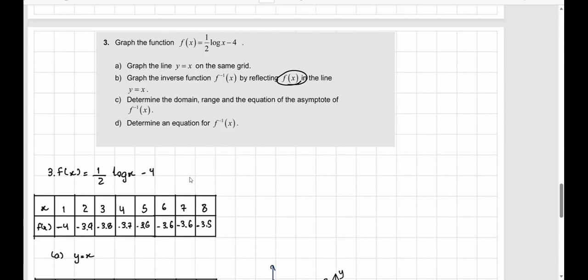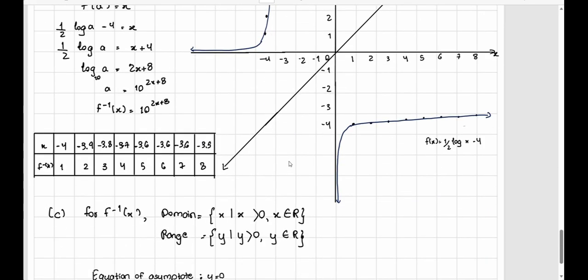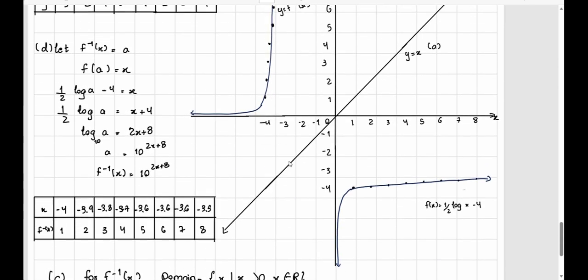For number B, graph the inverse function f inverse of x by reflecting f of x in the line y equal to x. So there's no need to draw a table or anything else that we normally do.